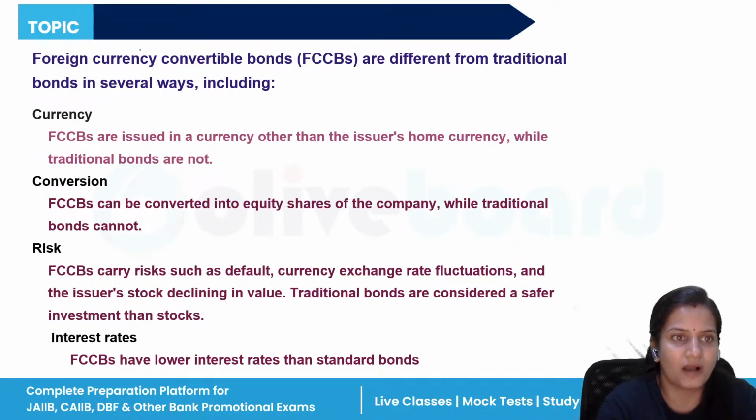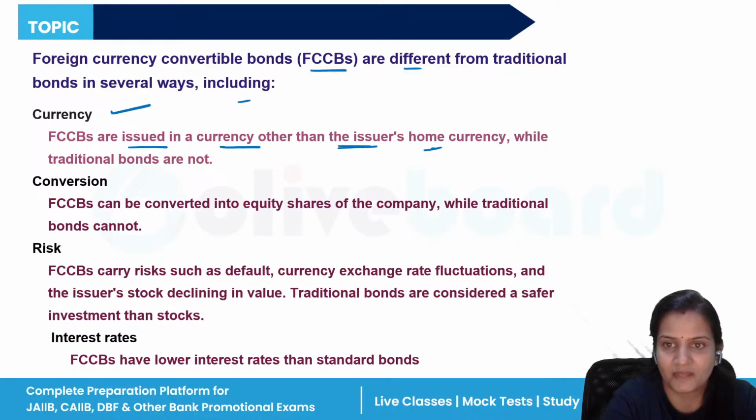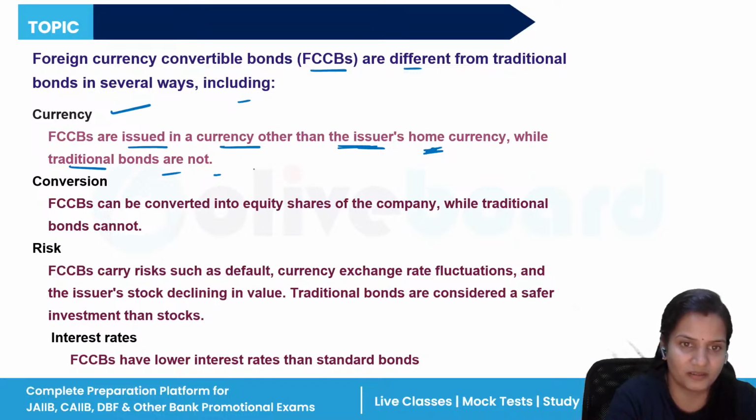FCCBs are different from traditional bonds in several ways, including the currency. FCCBs are issued in a currency other than the issuer's home currency. If you are an Indian resident and you are issuing FCCBs, then you need to issue in some other currency like US dollar, euro, yen, other than the issuer's home currency. While traditional bonds need to be issued in their home currency only.